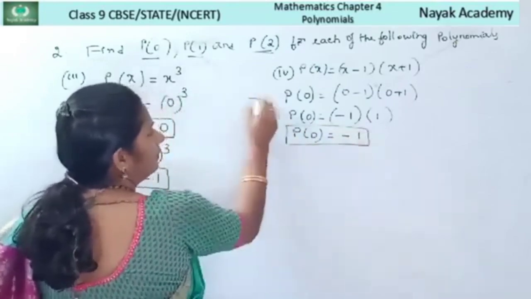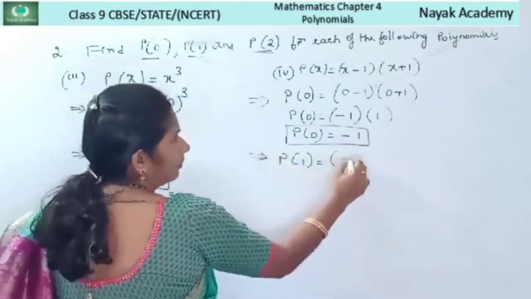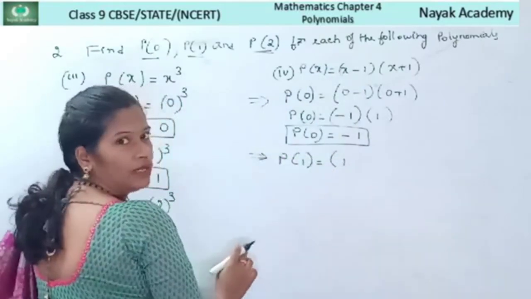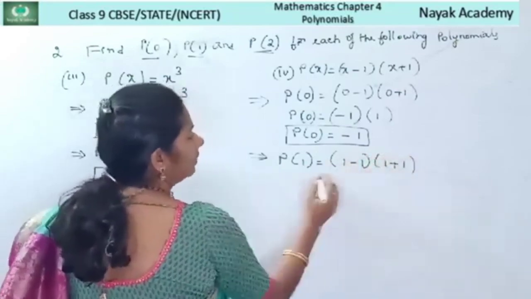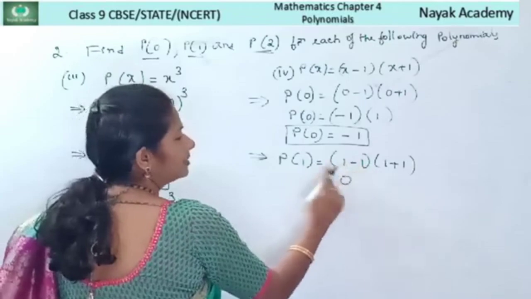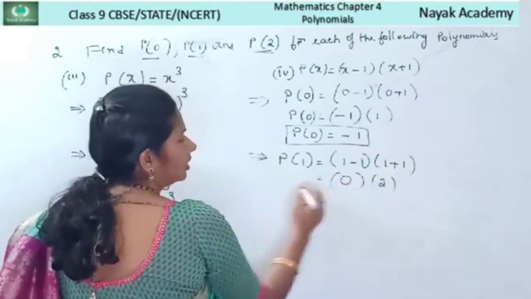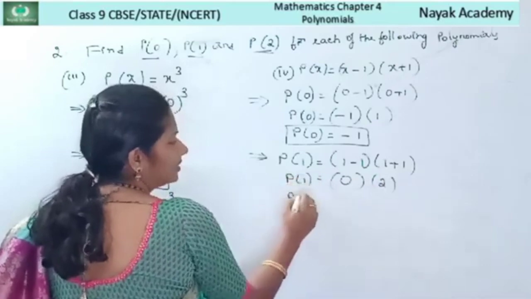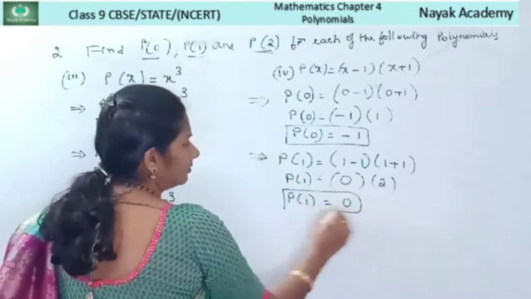Now let us find the value of p of 1. In place of x, you substitute the value of x as 1. 1 minus 1 into 1 plus 1. 1 minus 1, it is 0. 1 plus 1, it is 2. So p of 1 value is 0 into 2. So it is 0 only.